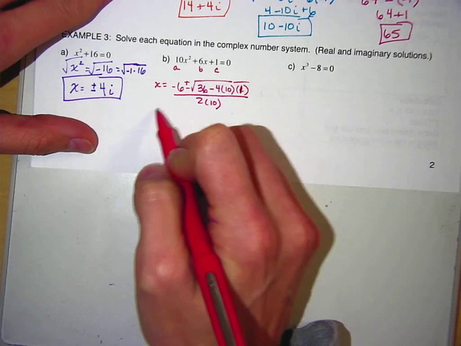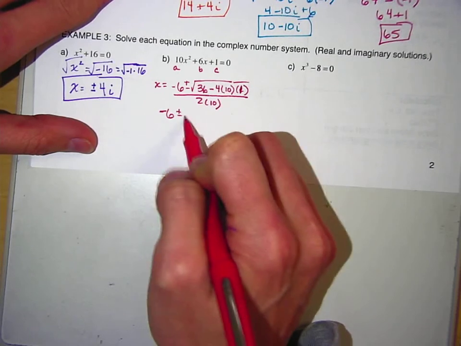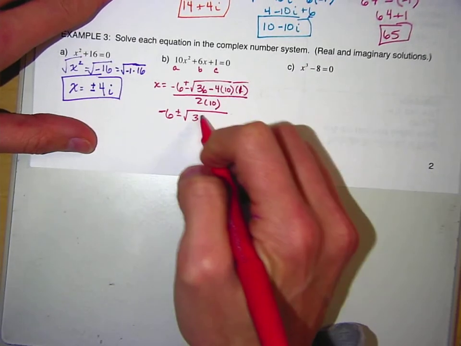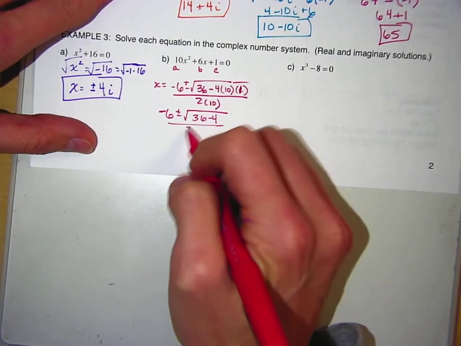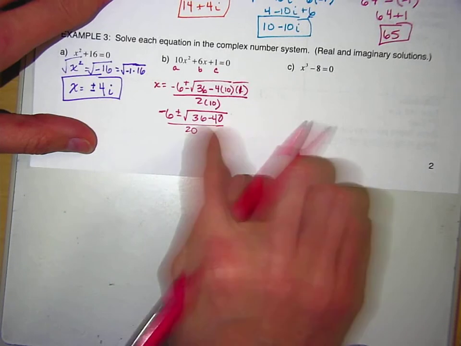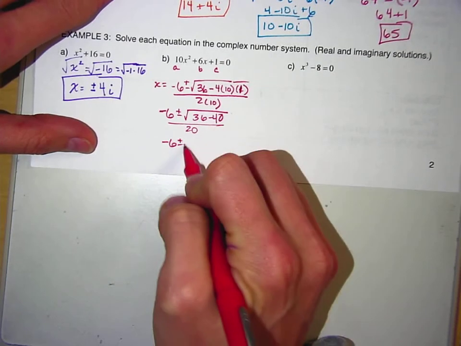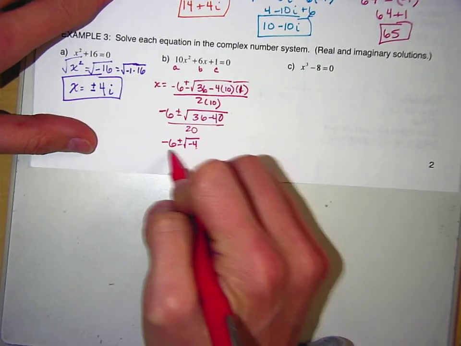And so that's going to be negative 6 plus or minus the square root of 36 minus 40, all over 20. But 36 minus 40 is root negative 4 over 20.